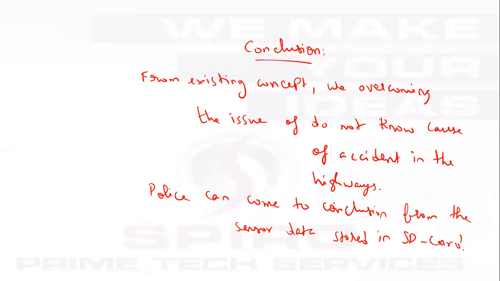For example, if the vehicle accident occurred due to alcohol, or a vehicle collision, or a fire accident, every sensor value is stored in the SD card. From those SD card values, police can conclude whether the accident was due to alcohol detection or fuel level. So this is the concept. Thank you.